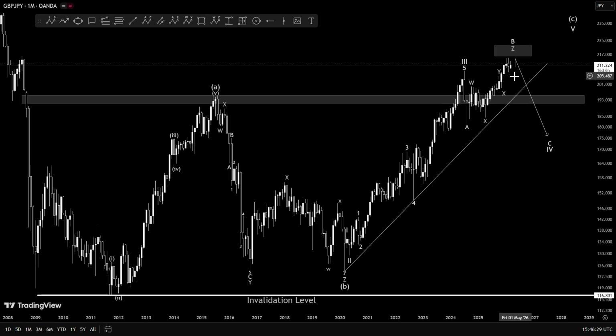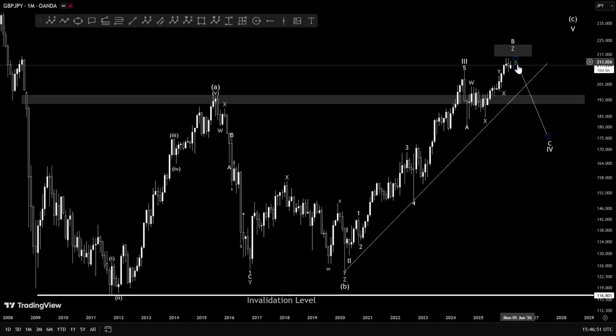Some people call it dragonfly, some people call it pin bar, and some people call it hammer. So you can see this is what is called a dragonfly. But on the upside, going downside, it is called a gravestone. So it is likely that we have a gravestone.